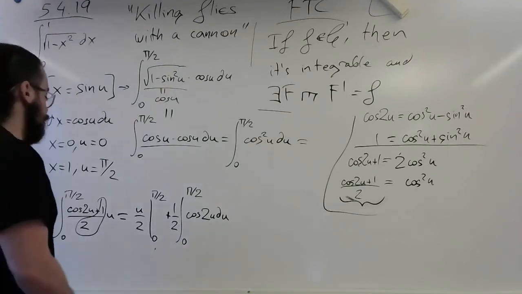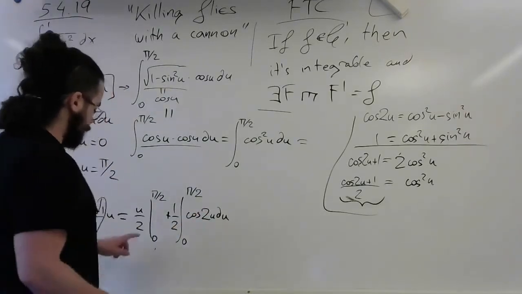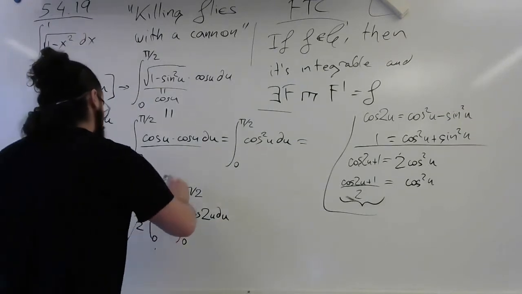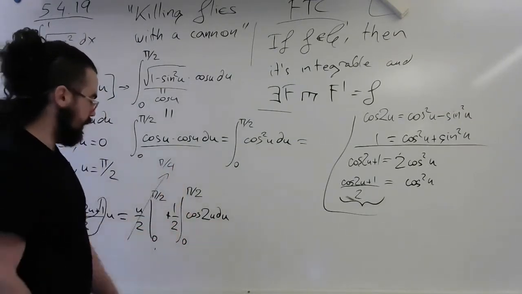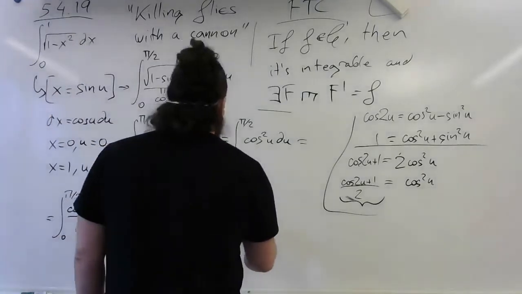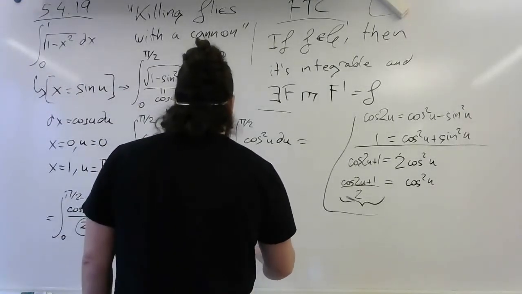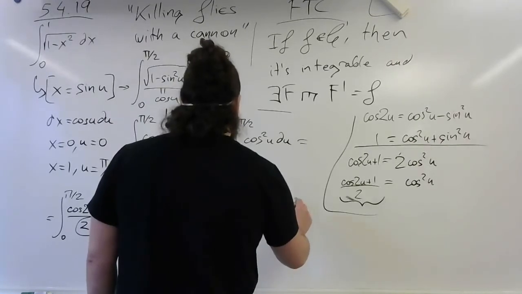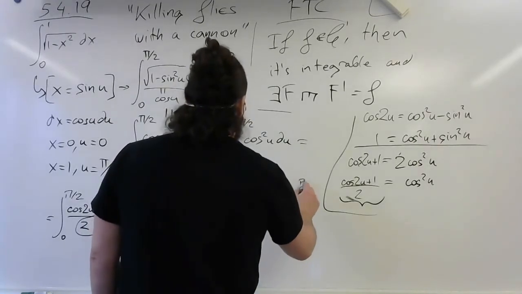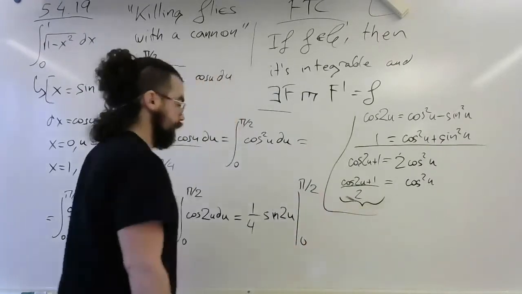Minus 1 plus 1. Okay, you got the idea. Now, this sum is pi over 4. And this integral, it's immediate, and it's 1/4 of that thing right here.